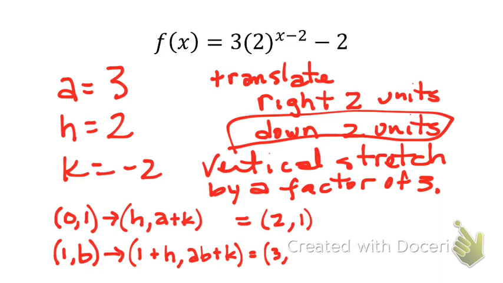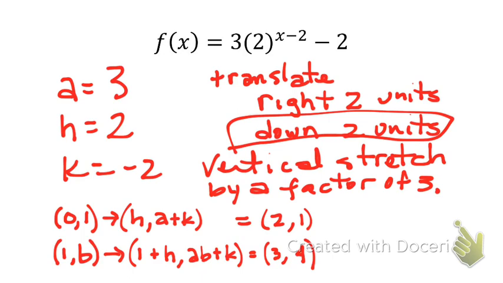And then ab plus k. So we're going to take a, which is 3, multiply it by our b, which was 2. 3 times 2 is 6, and then we're supposed to add k to that, but k is negative 2, so 6 minus 2 is 4.